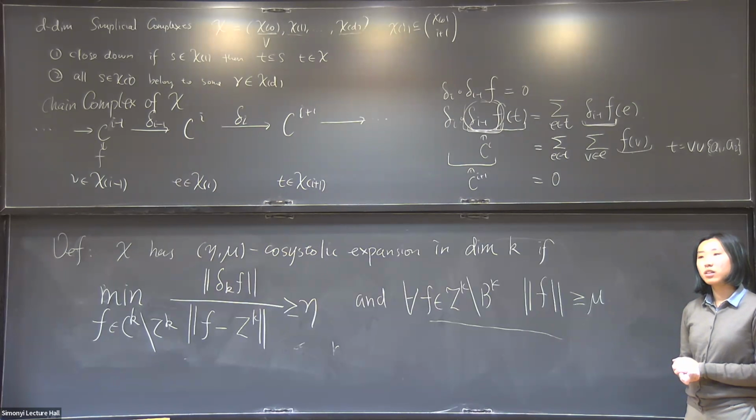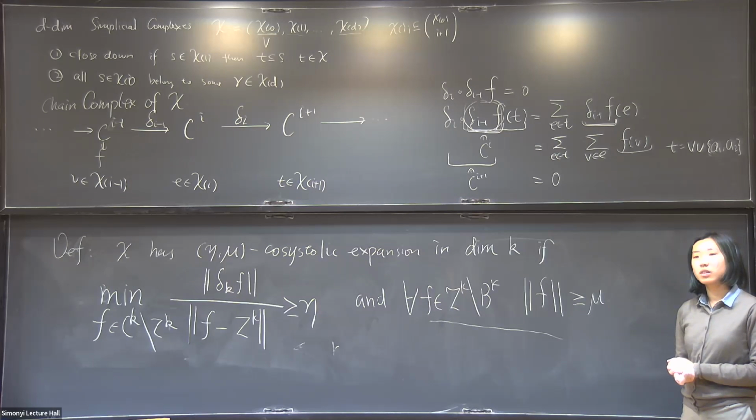Ck is the kernel, right? It's everything with even numbers of triangles. So that includes cuts, but also includes paths that go around, let's say, the hole, that are not a cut. So that would be something in Zk that's not in Bk.